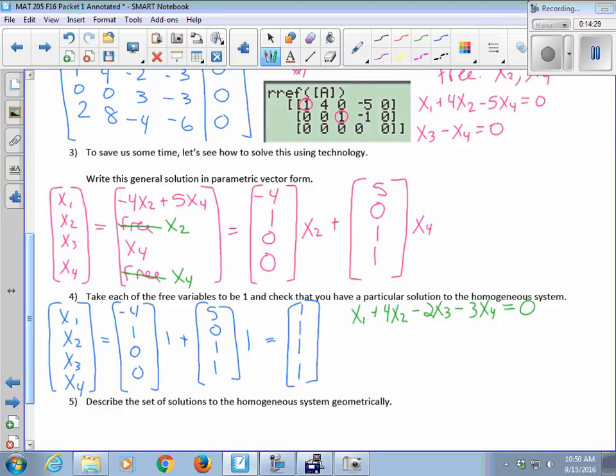And then if I plug in 1, 1, 1, 1 for x1, x2, x3, x4, this equation should be true, right? So we have 1 plus 4 minus 2 minus 3. Does that equal 0? Yeah. And then you could check the other 3 equations too. It'll work, I promise.